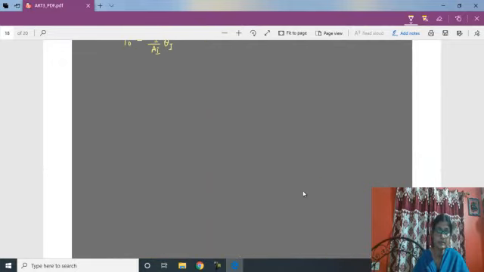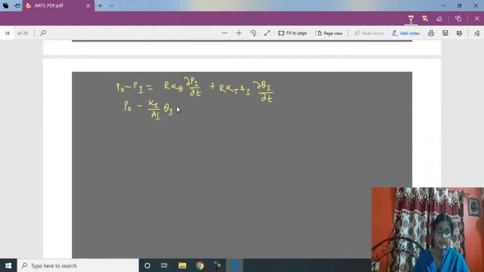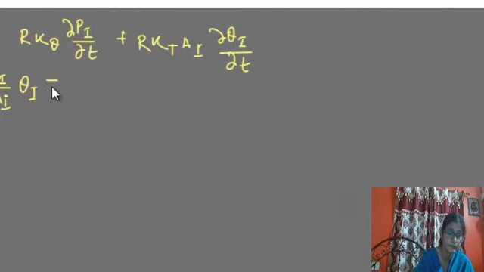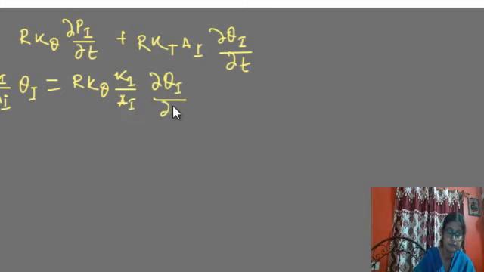So putting this here, Pi is Ki by Ai into θI, equals R into kθ and del Pi del T. So this should be Ki by Ai del θI del T, because the variable is the displacement, plus R kT Ai del θI del T.